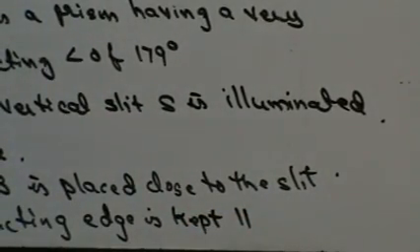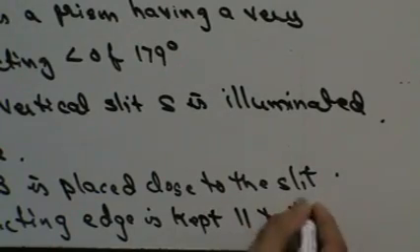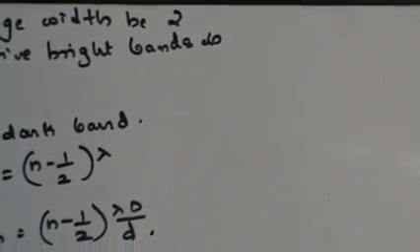Once the refracting edge is kept parallel to the slit, you would have refraction taking place and you would get an interference pattern.